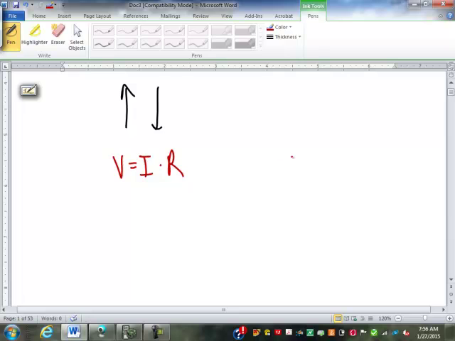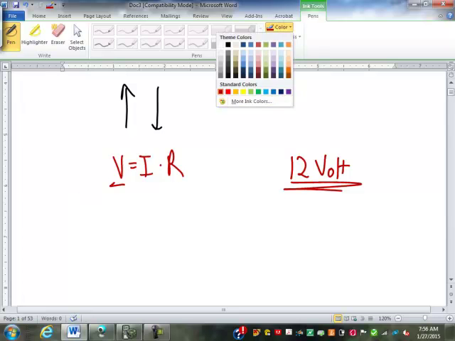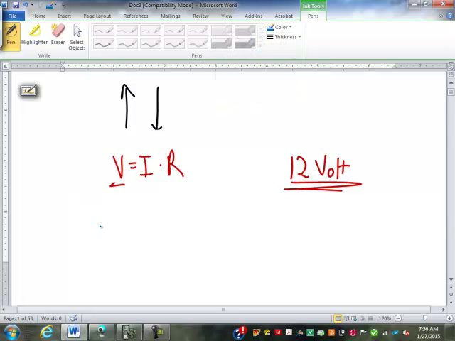So if we have a 12-volt system, that means the voltage is always 12 volts. This is like a car system. If the current is to be 3 amps, well, then the resistance has to be, 12 volts equals 3 times R. What's R going to end up being? You divide both sides by 3 to get R equals 4, right? You'd have 4 ohms of resistance.